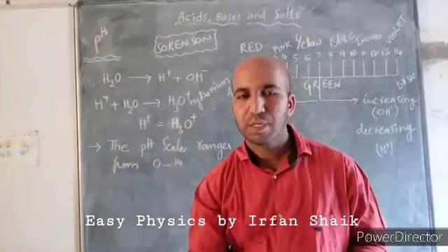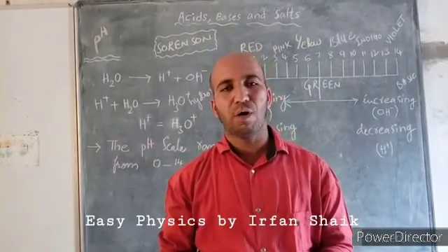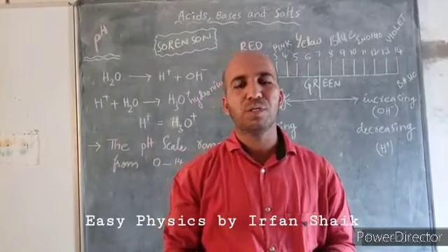Thus, the acidity or basicity of a liquid or a solution depends on the concentration of H plus ions or H3O plus ions, hydrogen ions or hydronium ions. Here, to find the strength of a liquid, the strength of acidic nature or basic nature, a scientist called Sorensen prepared a scale.